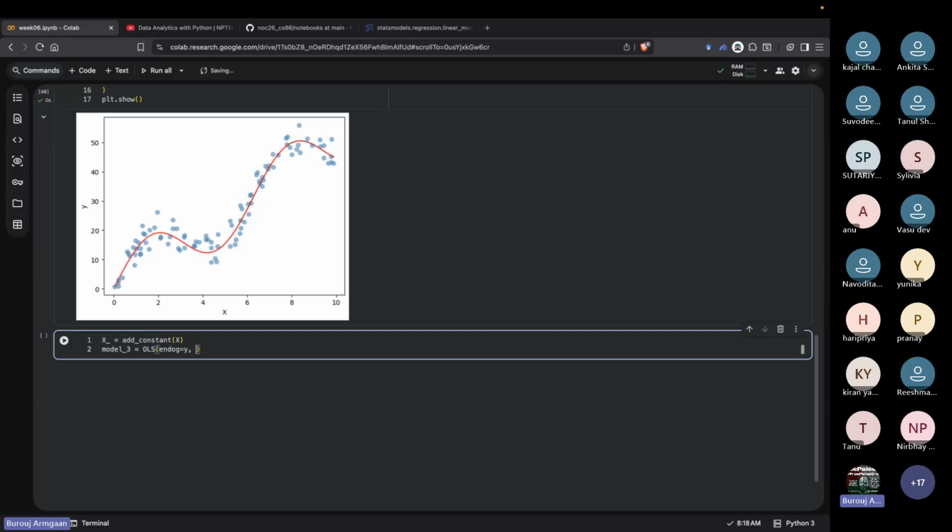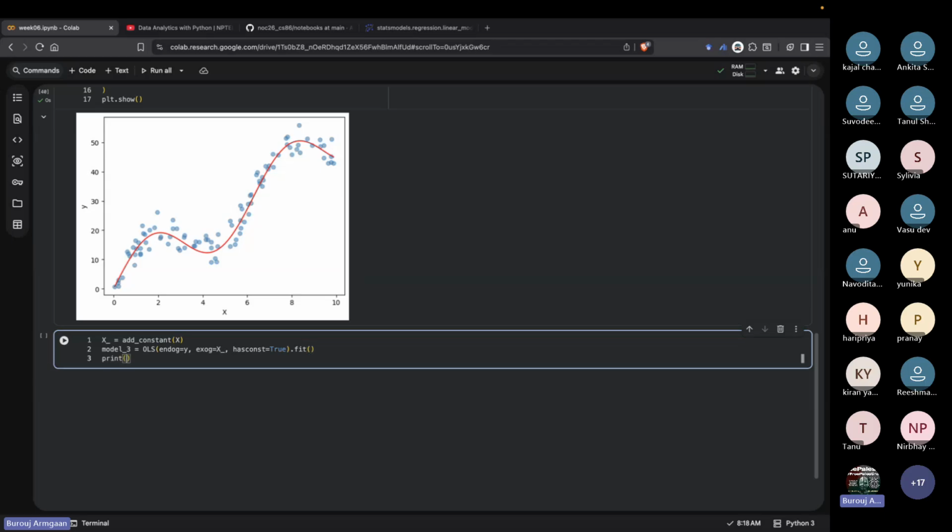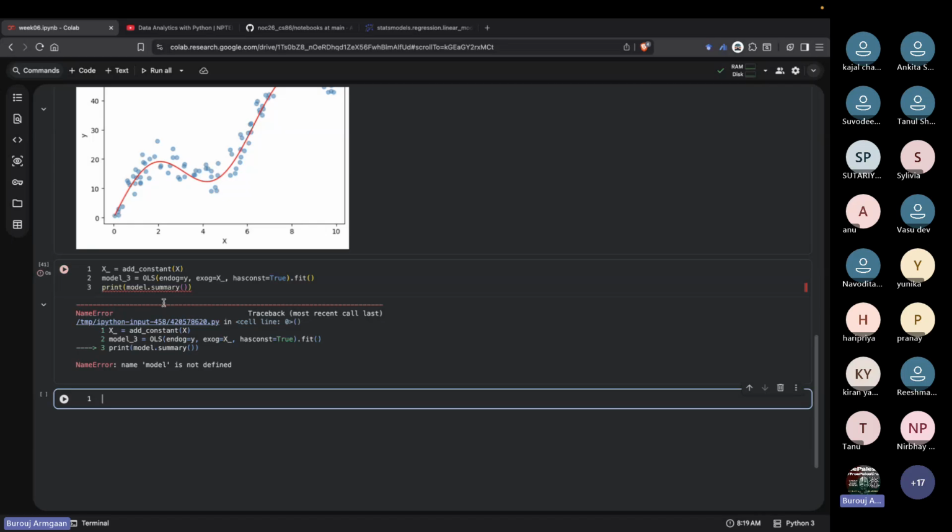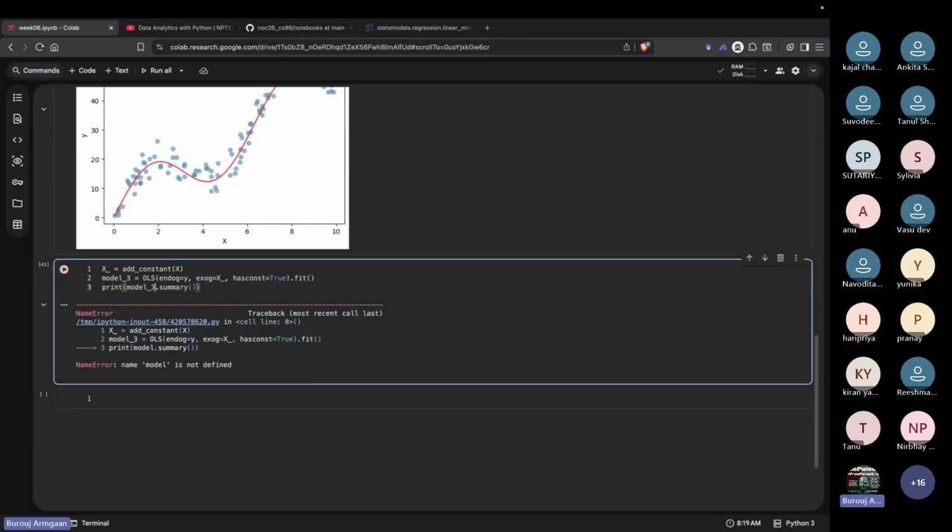Our endogenous value is again y, our exogenous value is x prime, which has a constant term, and we can call fit on this and print model_3.summary.